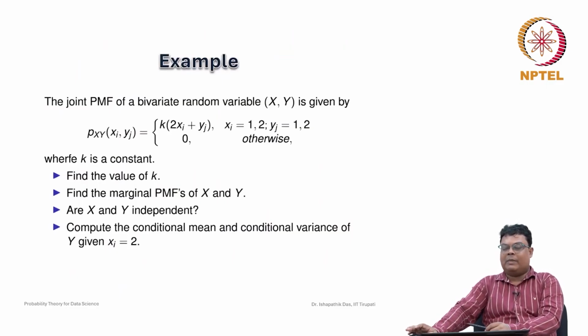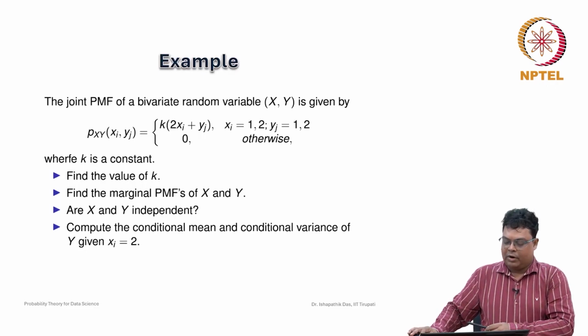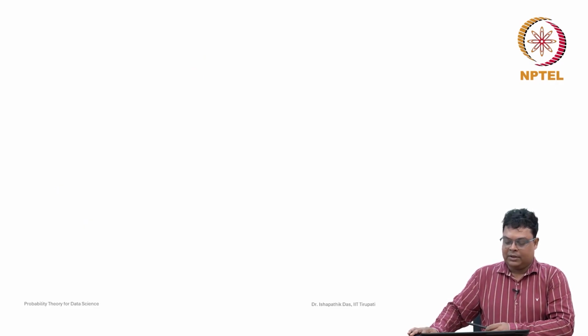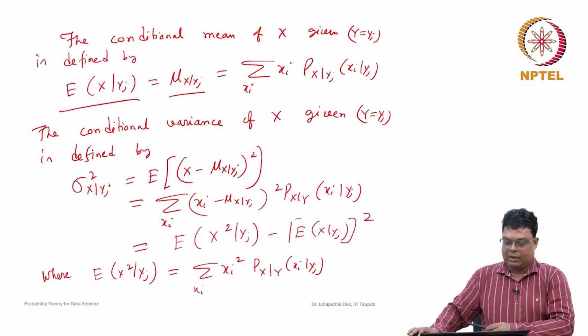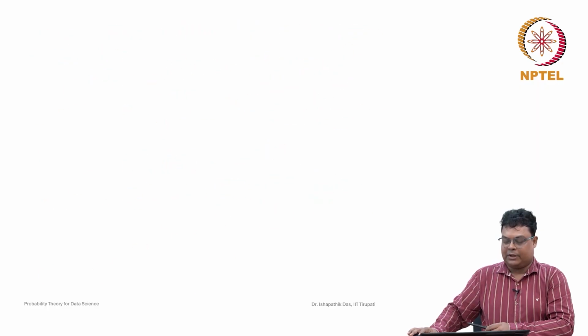Compute the conditional mean and conditional variance of y given xi is equal to 2. So how can we find the conditional mean and conditional variance? For this we have already shown some of the formulas. For this we need the conditional probability mass function.